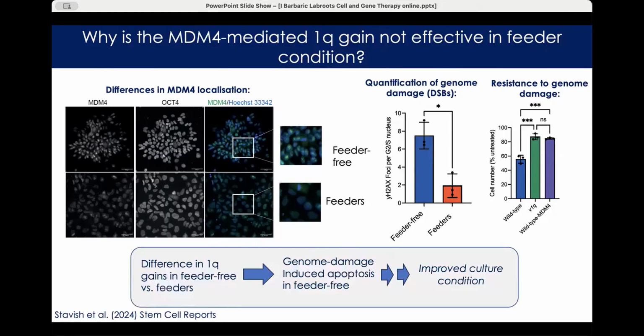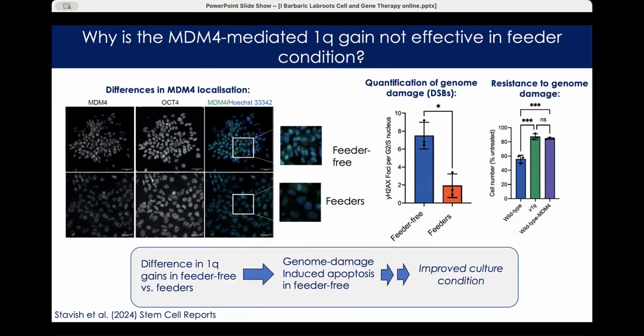So overall, in this study, we went from identifying the difference in prevalence of 1q gain in feeder-free versus feeder conditions. That told us that the reason for this discrepancy is because there's higher genome damage in feeder-free conditions, and 1q cells overcome that specific selective pressure, and therefore this is why 1q gains are more prevalent in feeder-free compared to feeders.